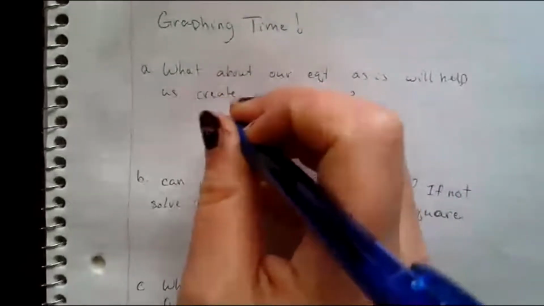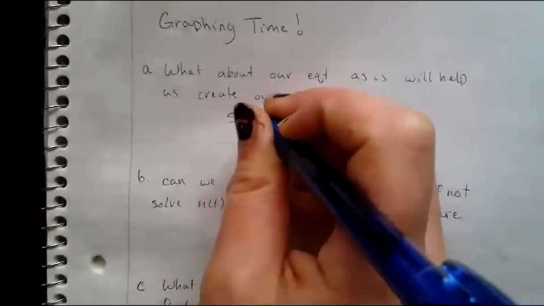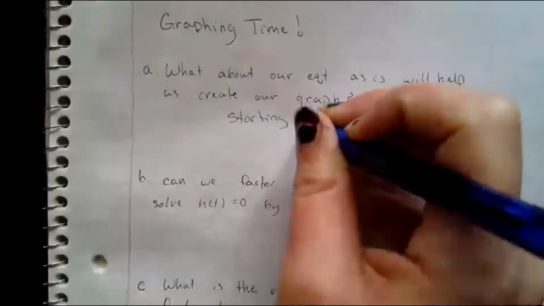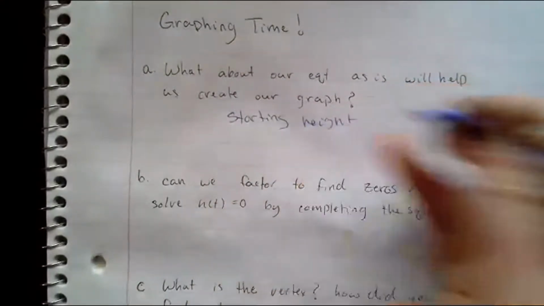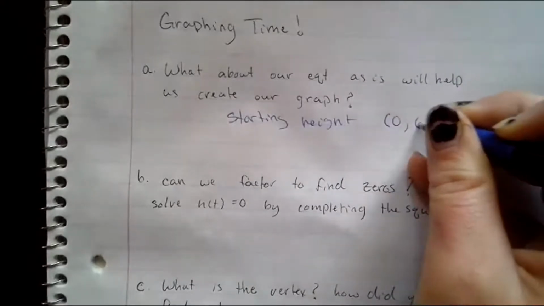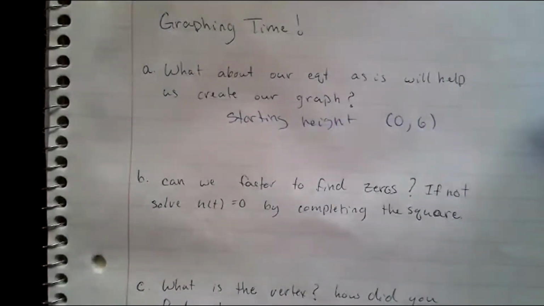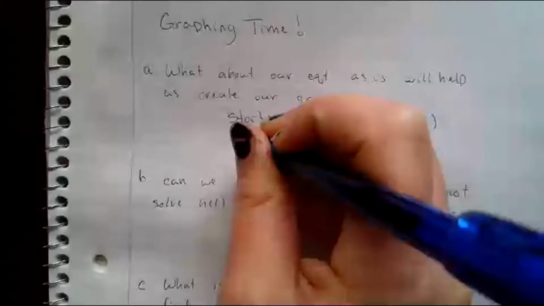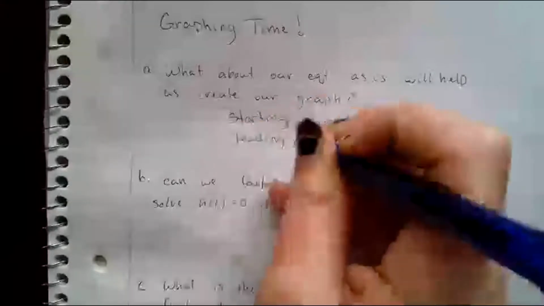The starting height, which we know at time 0, the initial height was 6. Let's see, what else? Leading coefficients. So pretty much everything we just wrote.